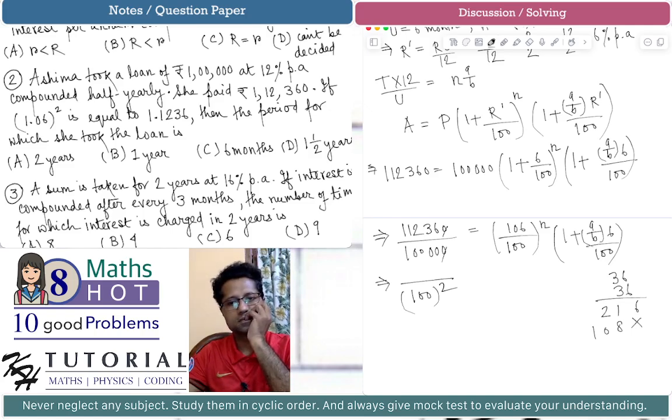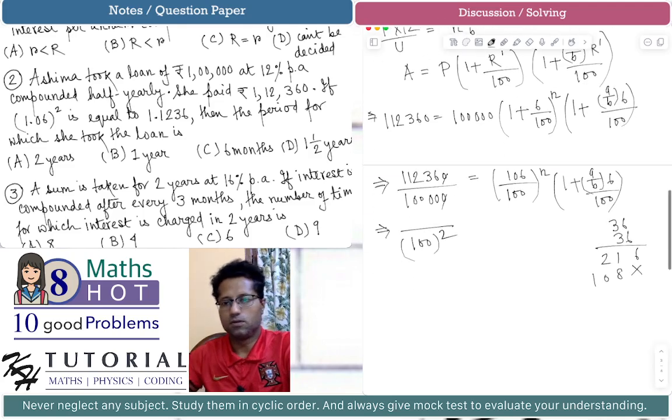No, it is exceeding, so 11236 cannot be 36 squared. What about 26? No, I think 26 squared will be less.